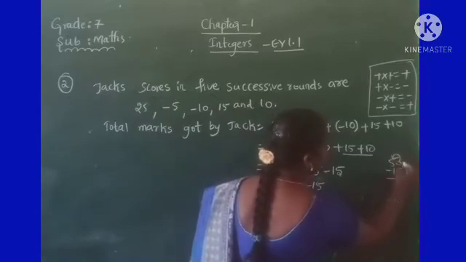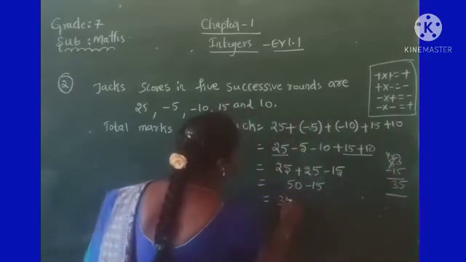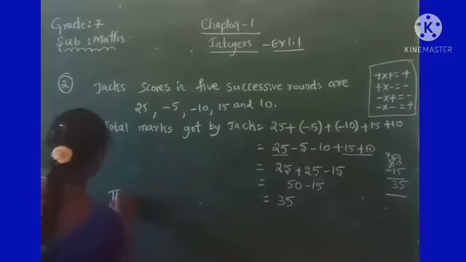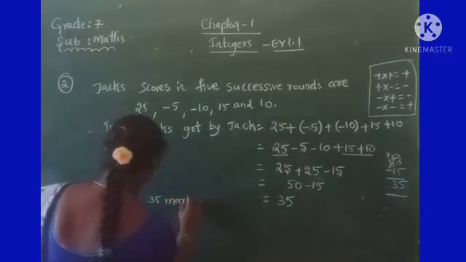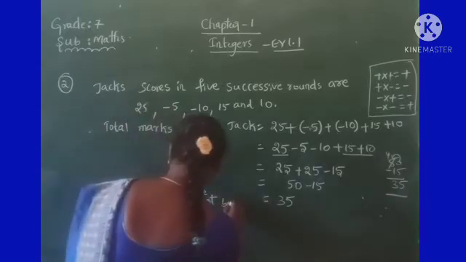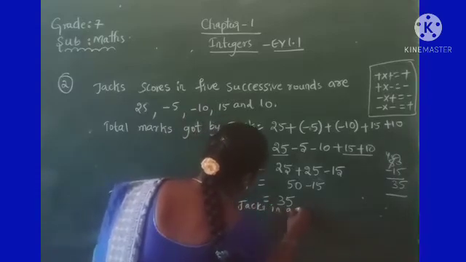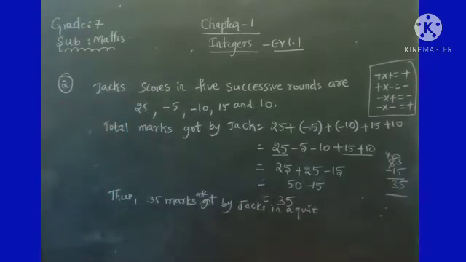Take the borrow here: 10 minus 5 is 5. Here 4 will be there, 4 minus 1 is equal to 3. So how many marks he got? Job got 35 marks in a quiz.